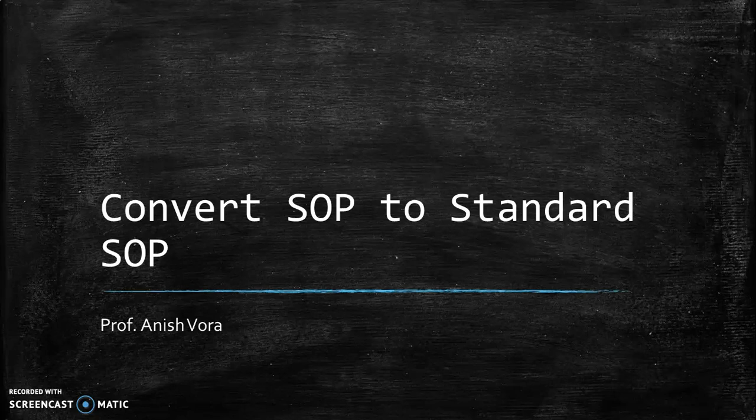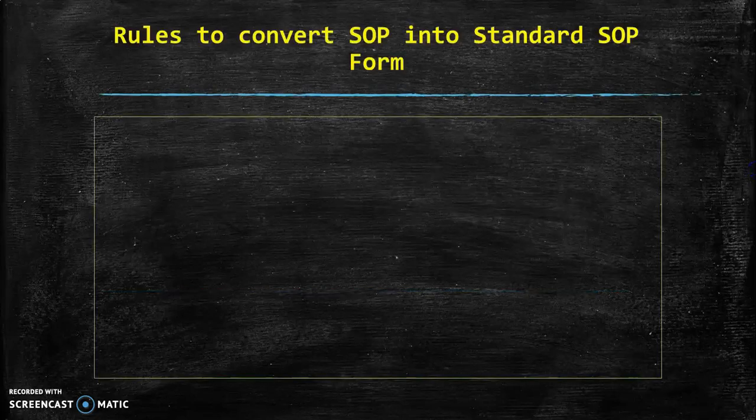In this video lecture, we'll study converting sum of product SOP into canonical or standard SOP. We know that we can have a Boolean function in SOP form, that is sum of product.